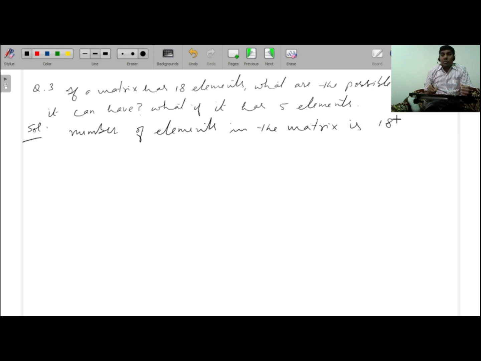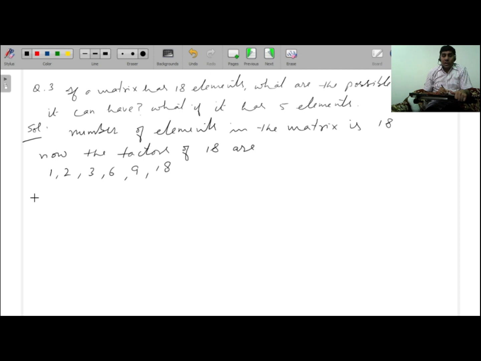So, the product of row and column must be equal to 18. Now, the factors of 18 are 1, 2, 3, 6, 9 and 18 itself.